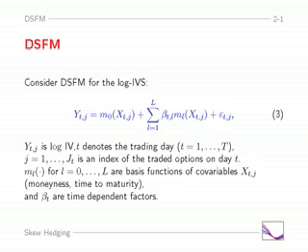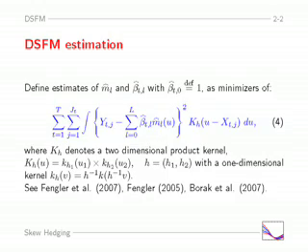This model we have seen already yesterday, so I don't want to stop here. In this work we use the kernel type estimation, which was first implemented by Matthias Fengler, Wolfgang Härdle and Enno Mammen in a paper from 2000.